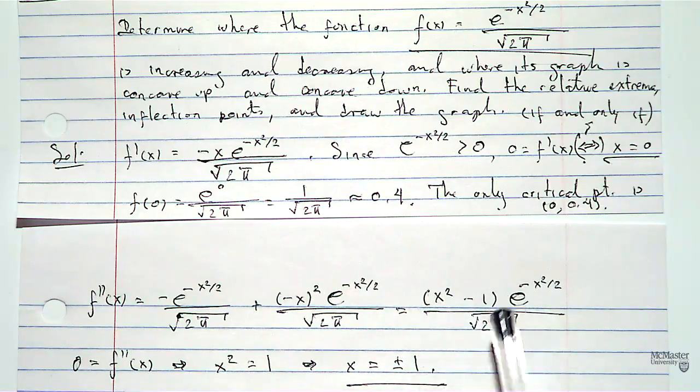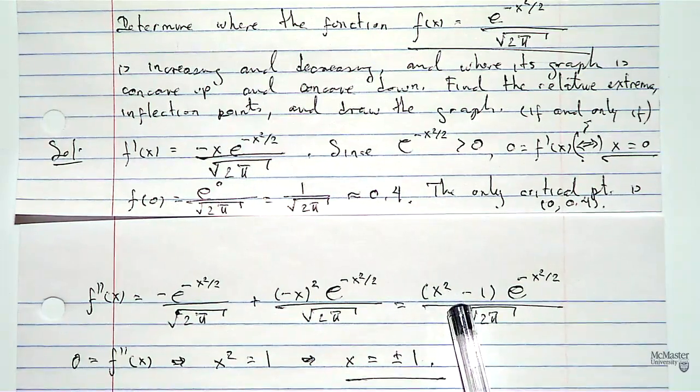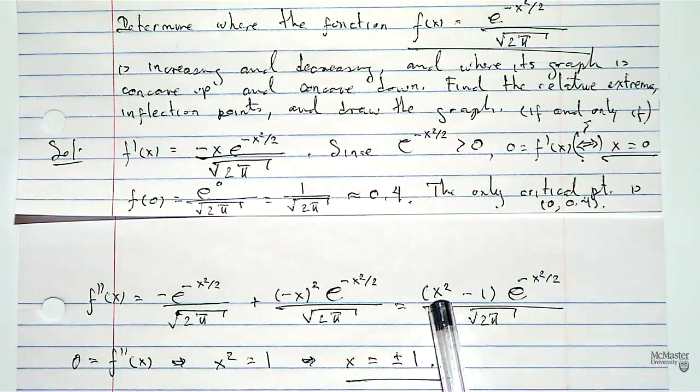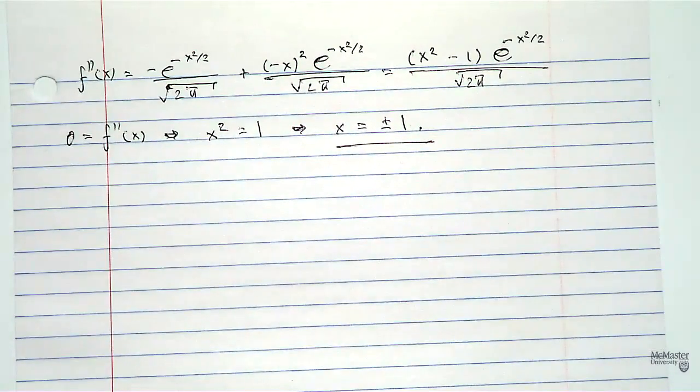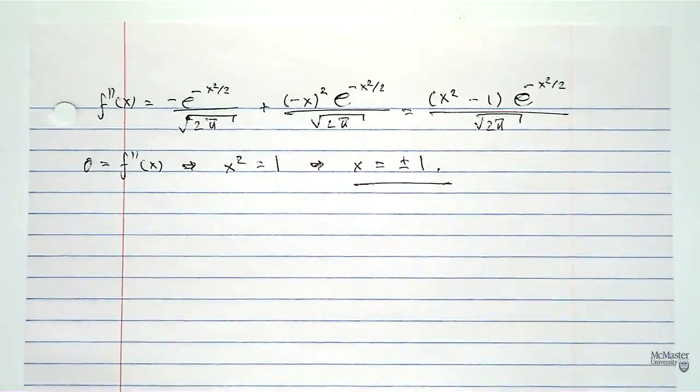The only way this can be 0 is if this factor is 0, because this one is always positive. So because x squared minus 1 has to be 0 in order for the second derivative to be 0, that means that x has to be either plus 1 or minus 1.